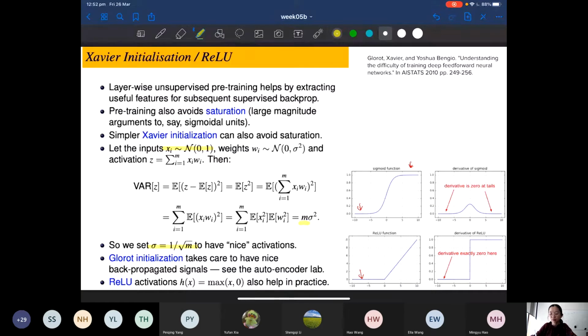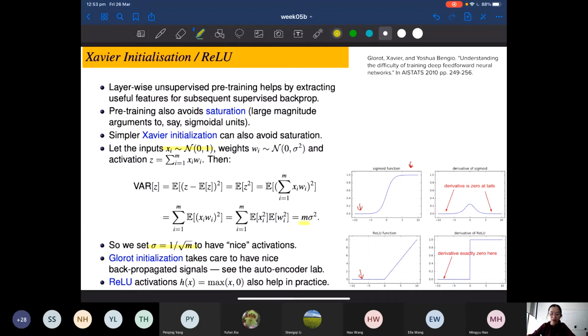So after some simple algebra around Gaussians, we derive, or actually Xavier Glorot derived, this really useful heuristic for initializing weights. Basically, make the standard deviation of the weight inversely proportional to the square root of the number of input dimensions.